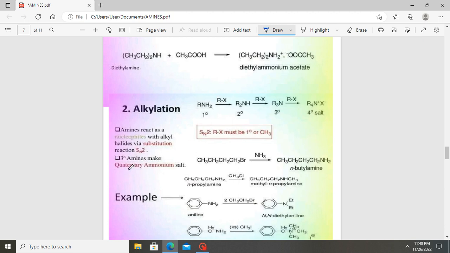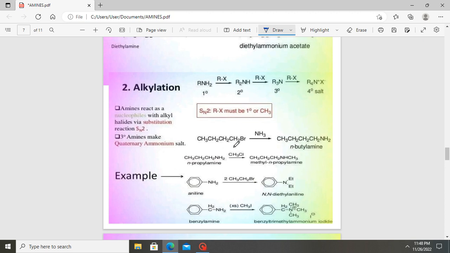Tertiary amines, because they have no extra hydrogens, react to form what we call a quaternary ammonium salt. So this one is a tertiary amine which reacts with this one to assume a plus charge, which we call a quaternary ammonium salt. Typical alkylation reactions of amines are these. So this one is 1, 2, 3, 4. Butyl bromide plus ammonia forms an amine. Propylamine plus this ethyl halide can also form N-ethyl-N-propylamine.